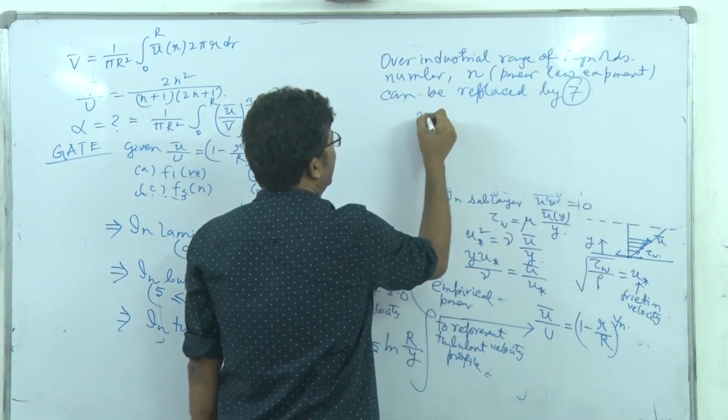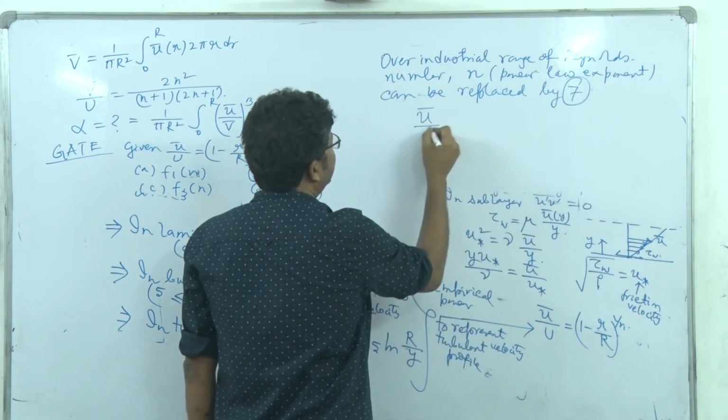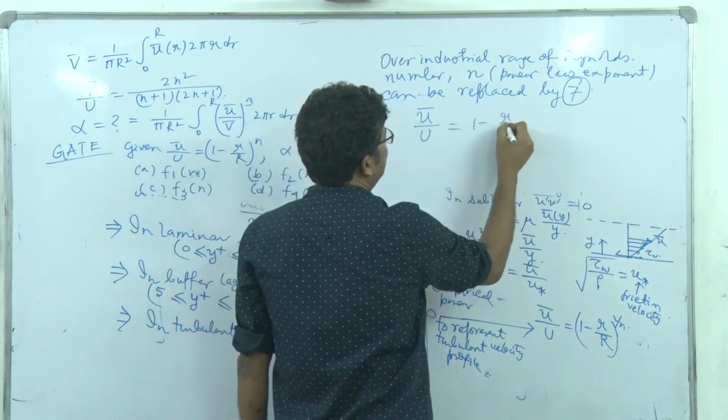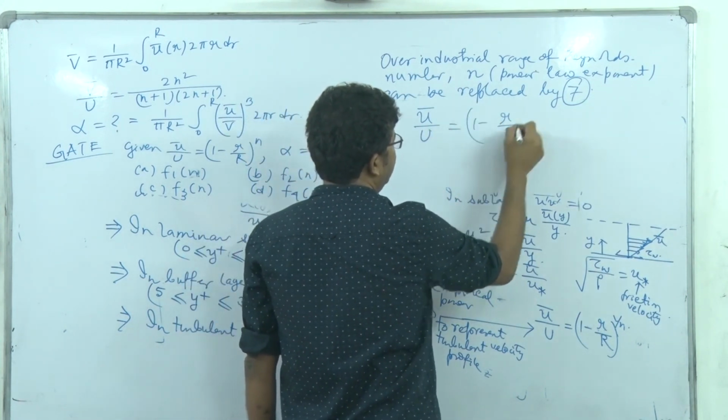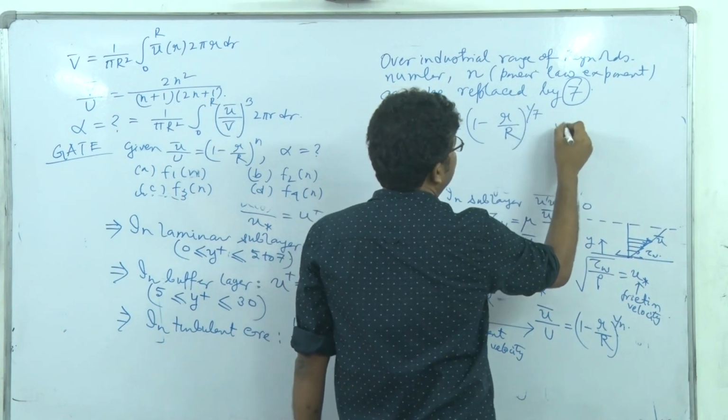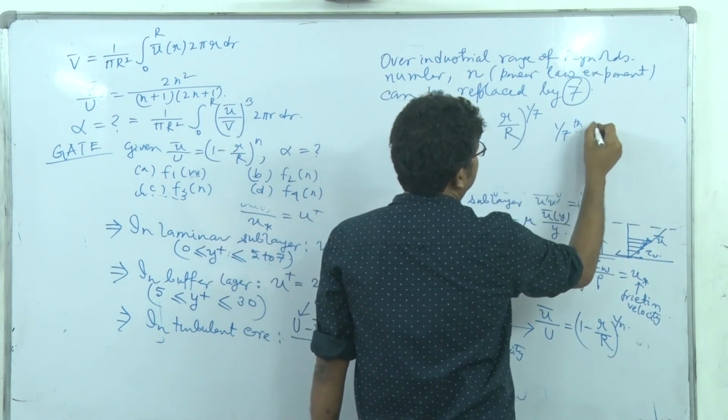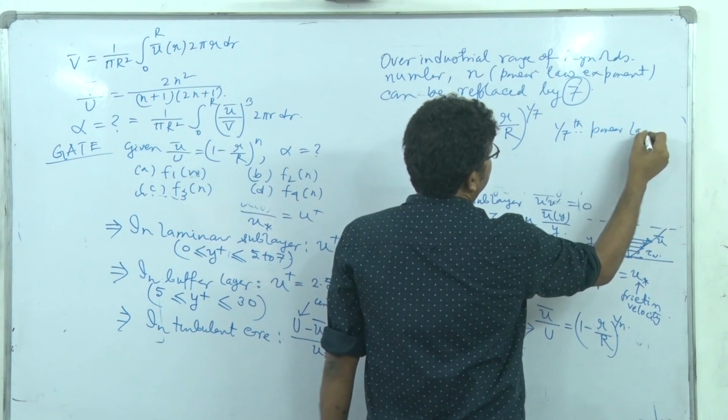So we have U bar divided by capital U is equal to 1 minus r divided by capital R to the power 1 by 7. So this is called the 1/7 power law, right?